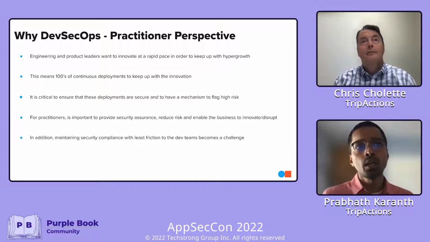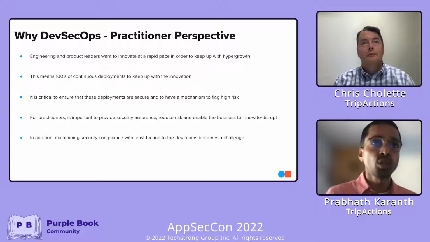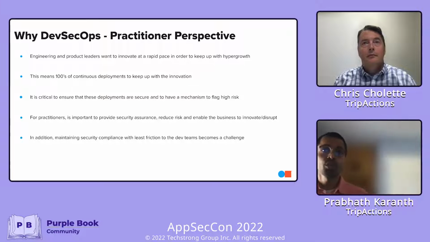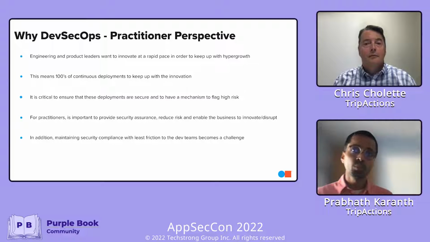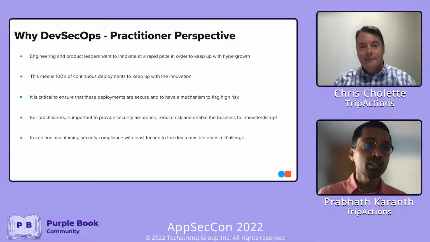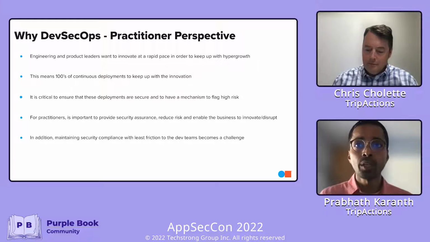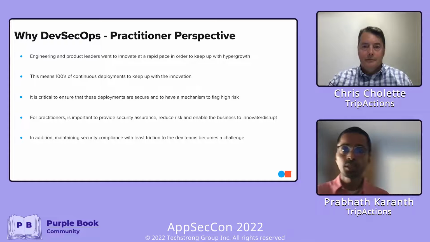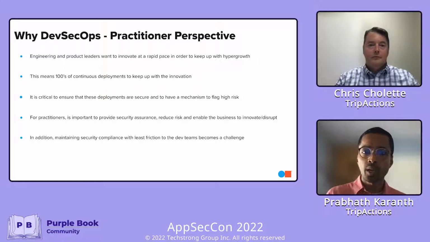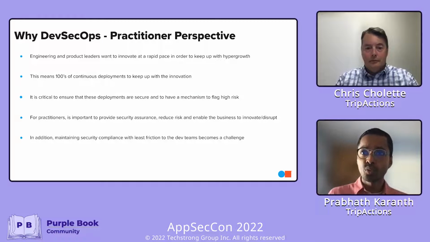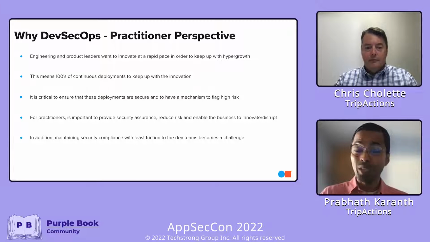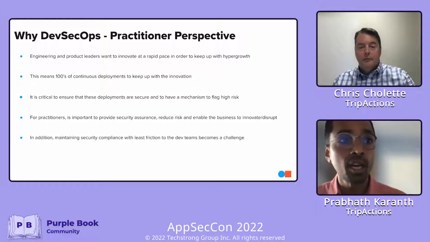So it is critical to ensure from a security perspective that these deployments are secure, and that there are mechanisms to detect and flag high-risk deployments. For practitioners, it is also important to provide security assurance to customers, and there are a lot of audit asks and risks around this as well. So, in order to reduce risk and enable the business to innovate and disrupt at a rapid pace.